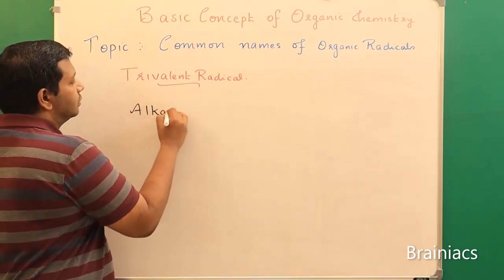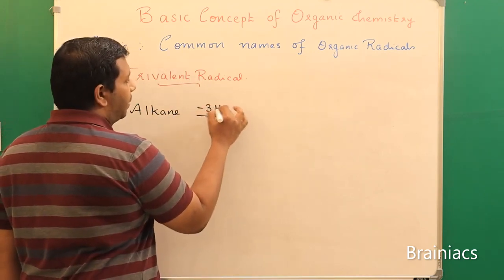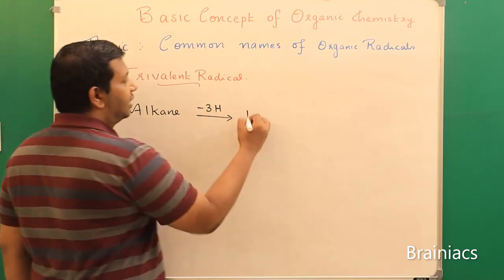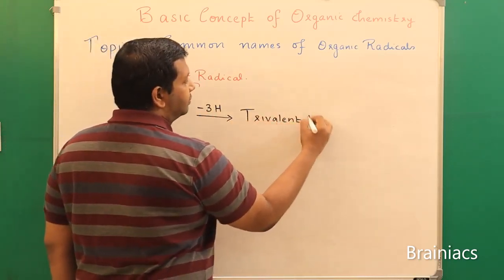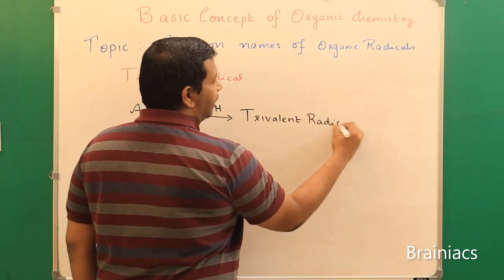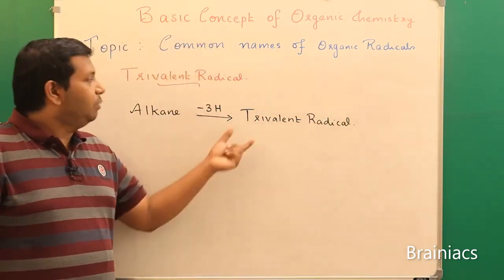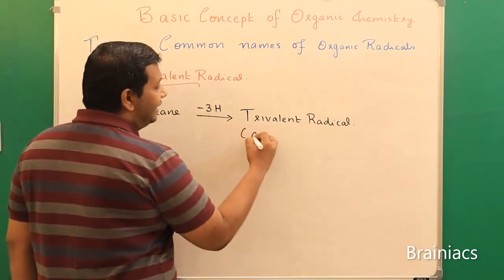From this, if 3 hydrogen atoms are replaced, minus 3H, then this becomes a trivalent radical. Now, what name is given to such a trivalent radical? It is called alkylidyne.